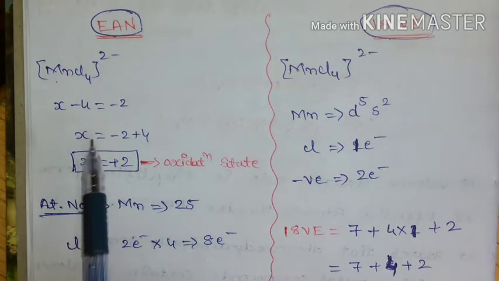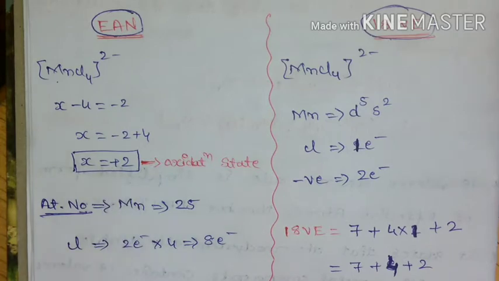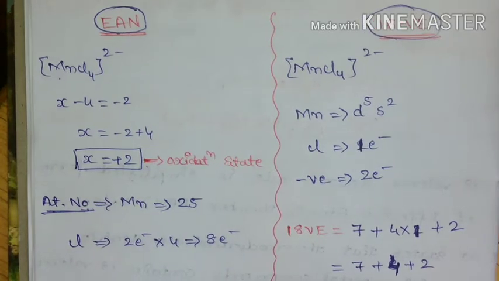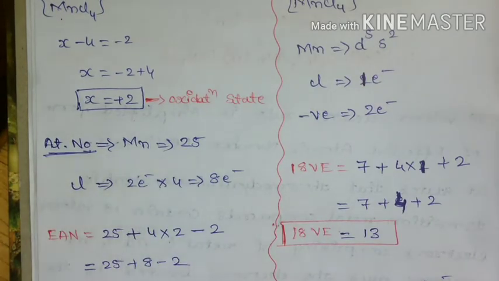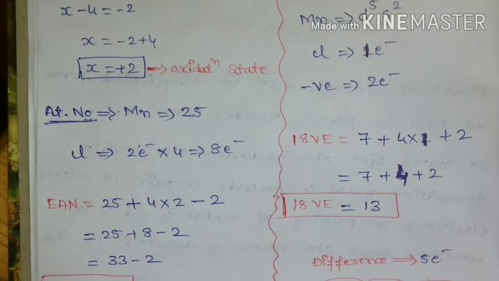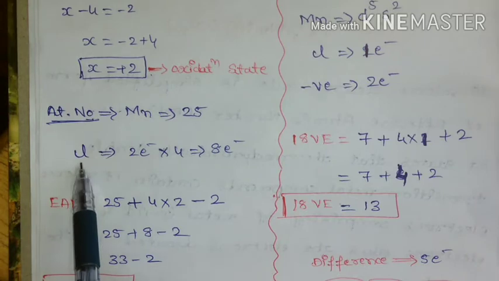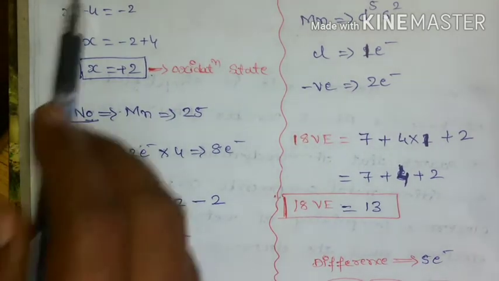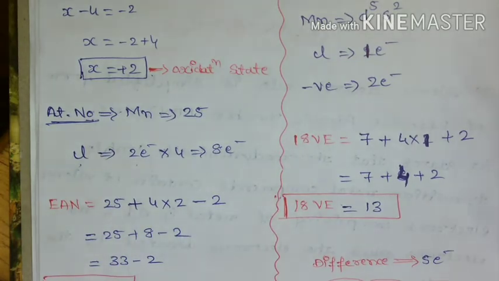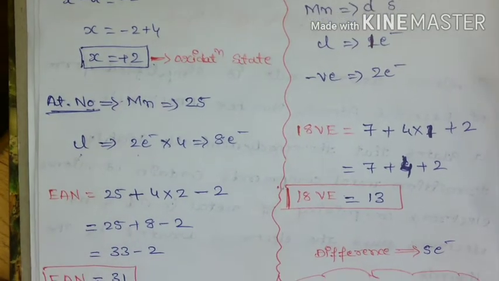In this complex, manganese is in the +2 oxidation state, and the atomic number of manganese is 25. The chloride ligand donates 2 electrons, so since 4 chloride ligands are present, they donate 8 electrons.